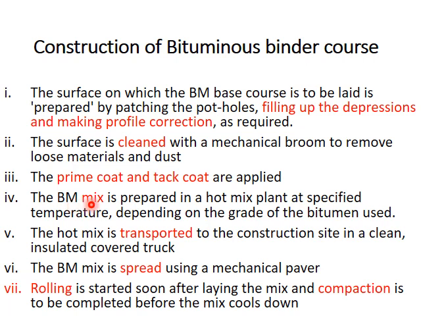Then you have the bituminous mix which is prepared in the hot mix plant. This is transported to the construction site in a truck and it is spread using a mechanical paver. And rolling starts soon after laying the mix, because the hot mix from the plant has a certain temperature which helps us to lay and compact the mix.